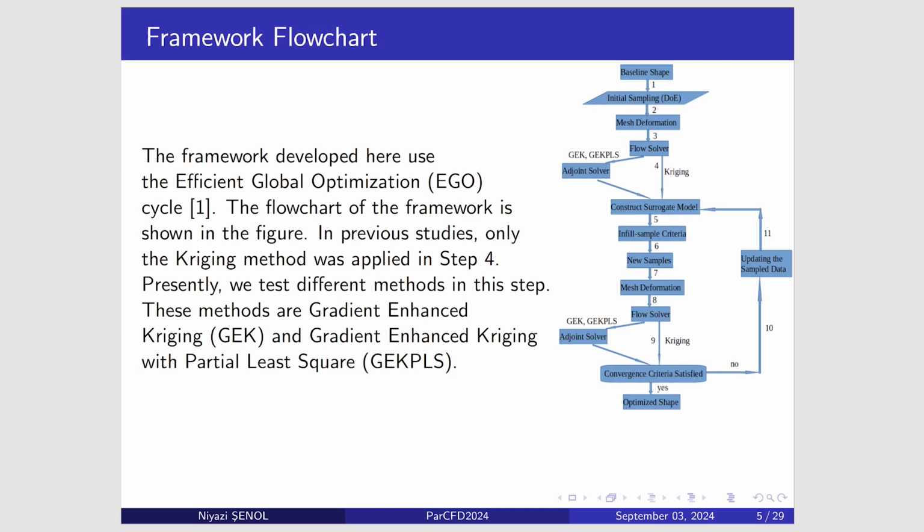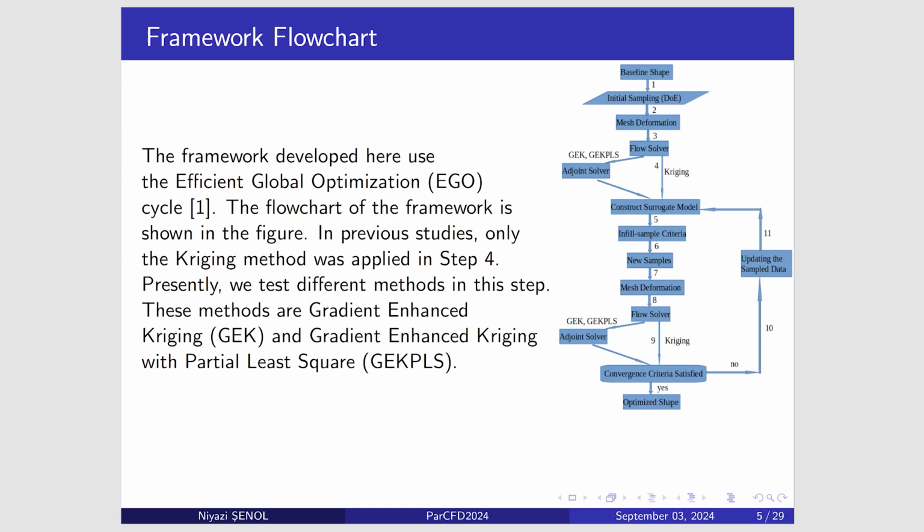Then we do the initial sampling, the design of experiments, using Latin hypercube sampling. In step 3, we do mesh deformation. For shape parameterization, we use free-form deformation, FFD.